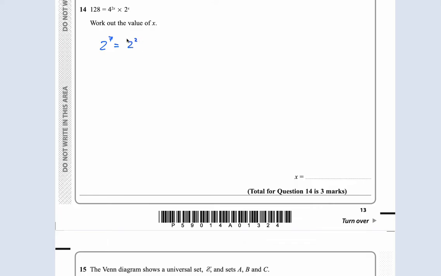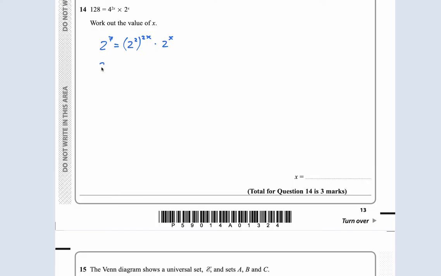So instead of writing 4, I've just written 2 squared. And it's 4 to the power of 2x, so it's 2 squared to the power of 2x. And then this is a times 2 to the x. I'm just going to use a dot, guys. I prefer the dot when I'm using lots of x's.